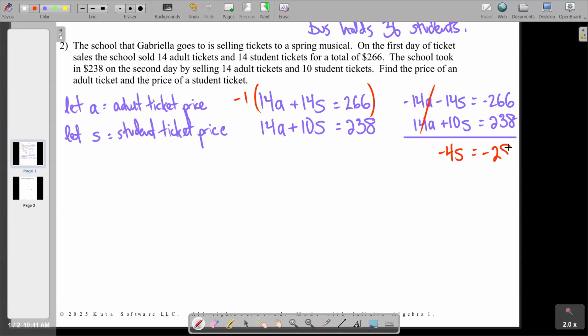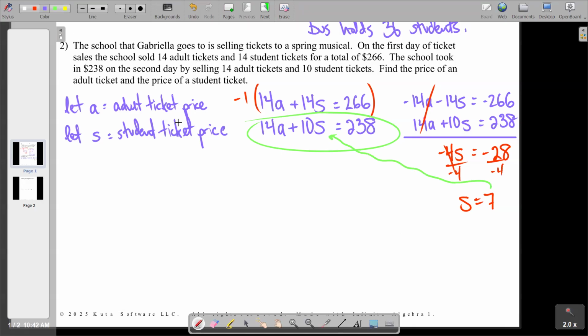Negative 28 is correct. And then we divide both sides by -4, giving us the answer to the first part, which is S equals 7. And while we're here, let's go back and find out the value of A. I'm going to go ahead and use the one I'm circling in green because I just like it. So there you go. And where am I going to put that 7? Right there.